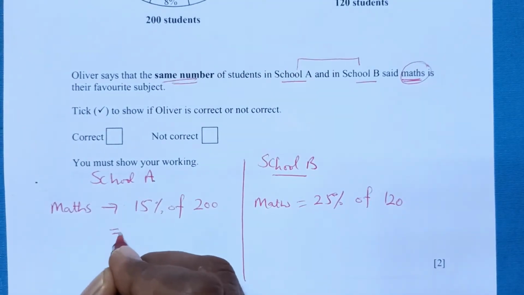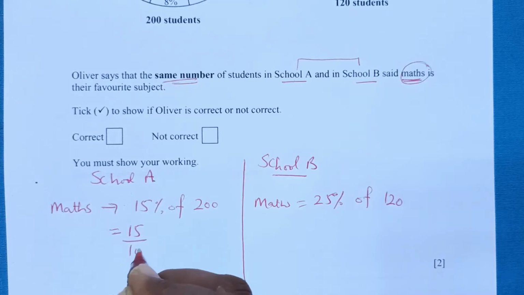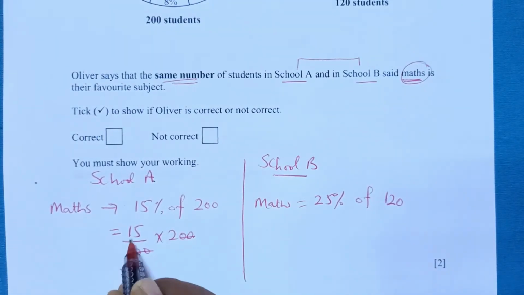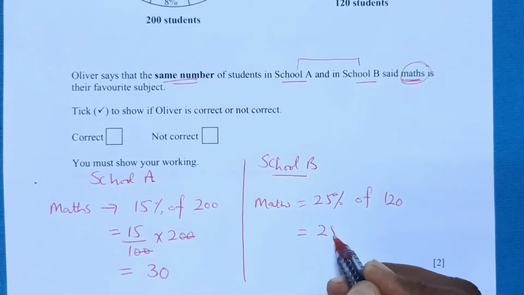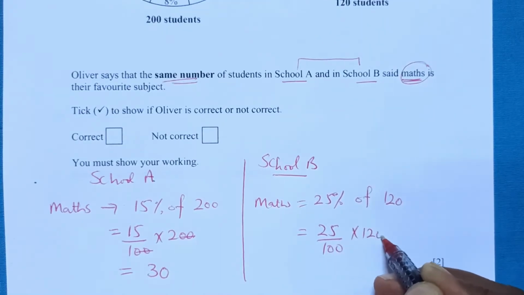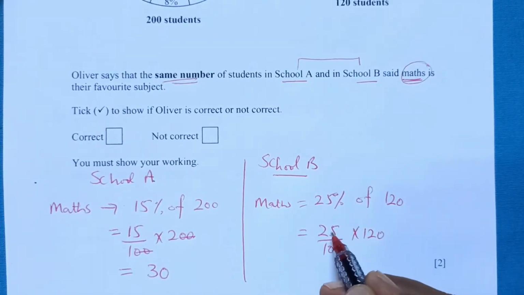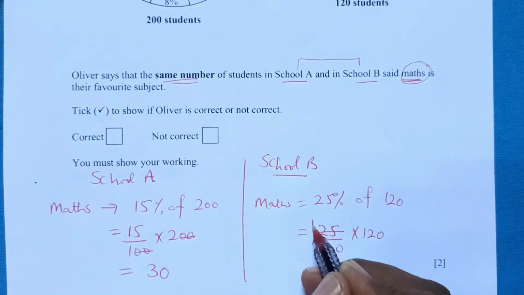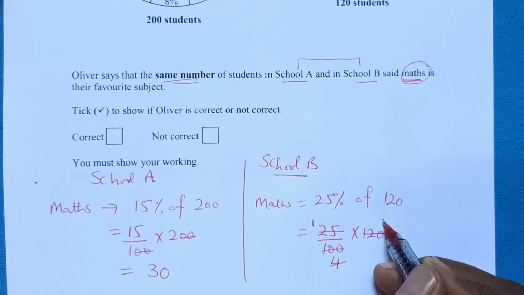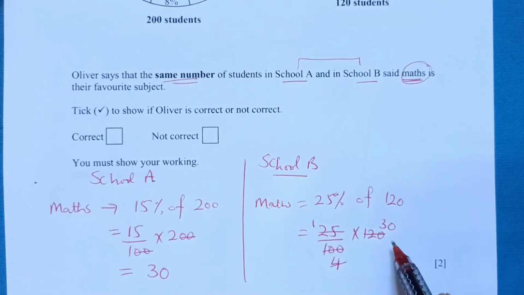So how will you calculate? 15 over 100 times 200. 2 zeros are gone. 15 times 2 is 30. Here 25 over 100 times 120. So here we can simplify. 25 times 4 is 100, then 4 times 30 is 120, so 30.